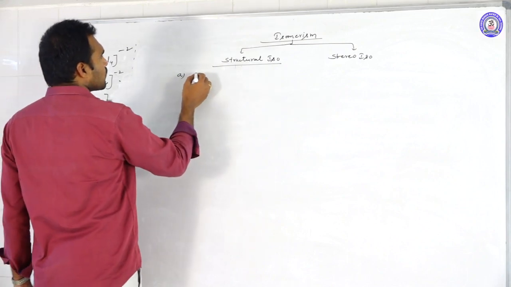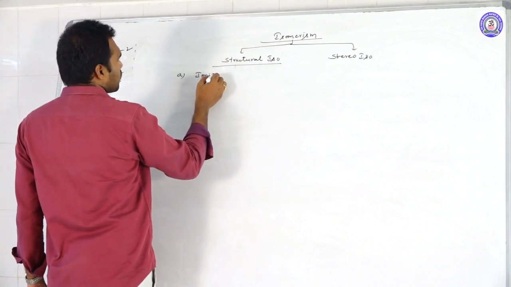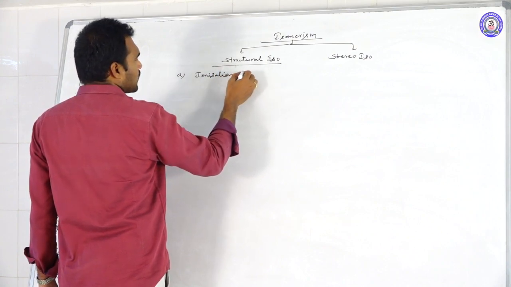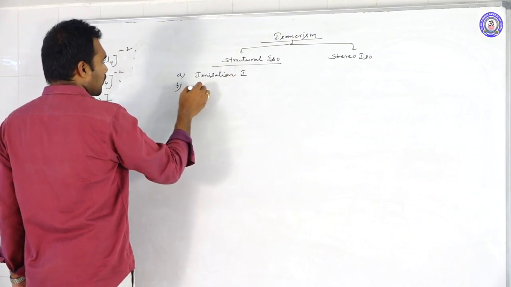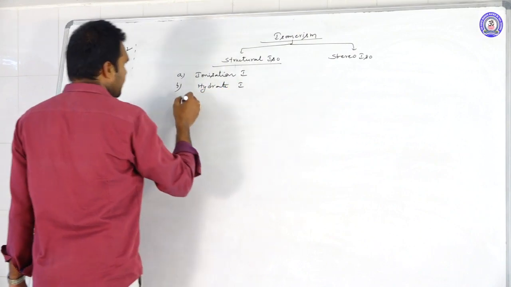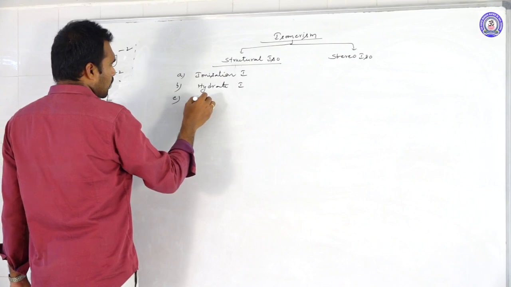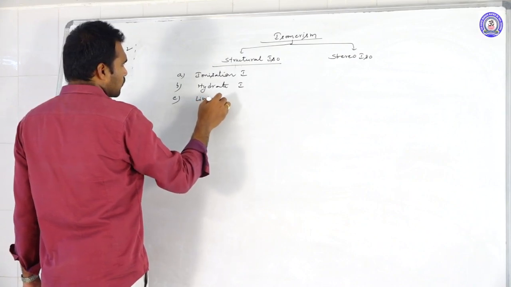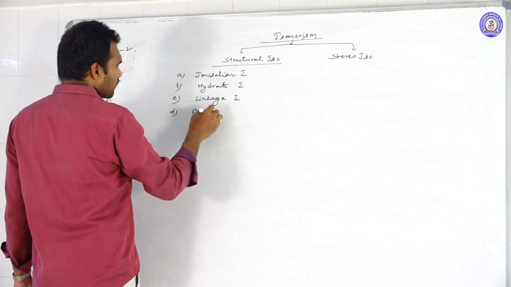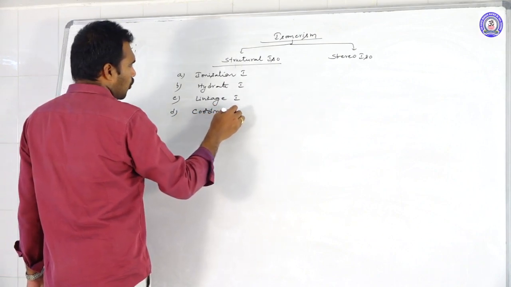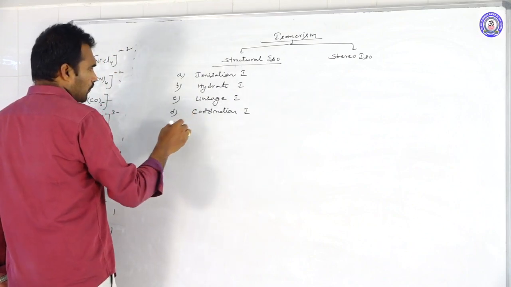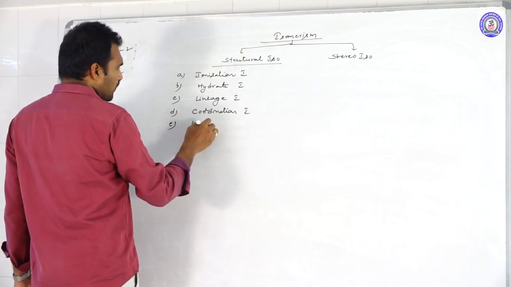First one is ionization isomers. The second one, hydrated isomers. Third one, linkage isomers. And the fourth one, coordination isomers. And fifth one, ligand isomers.